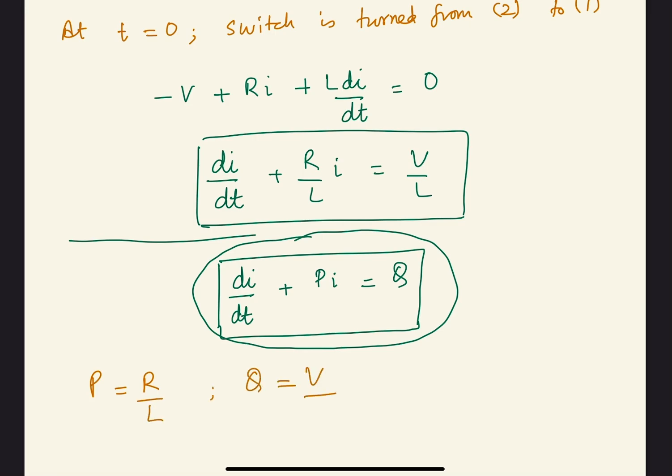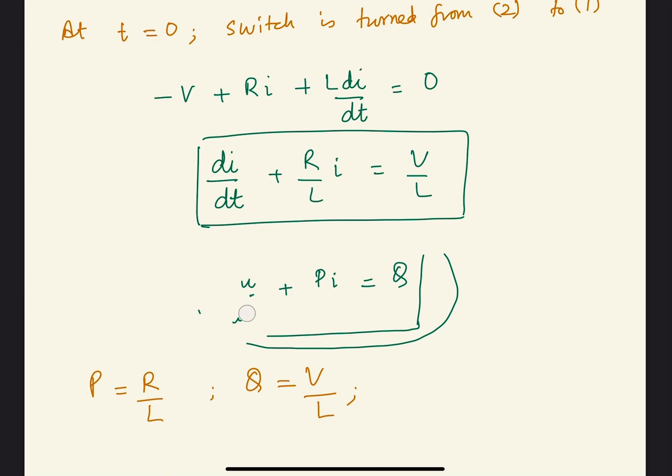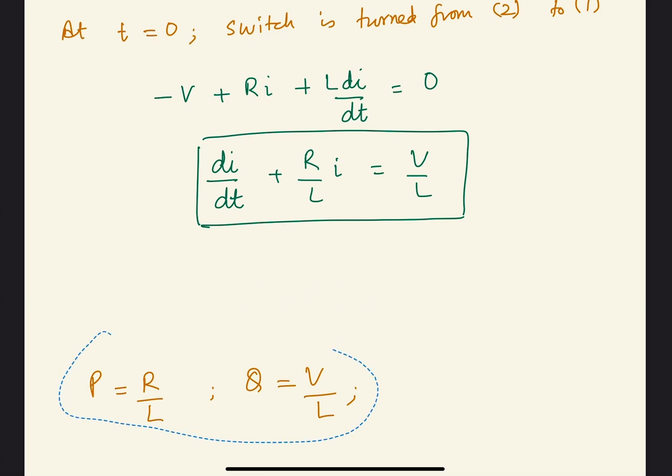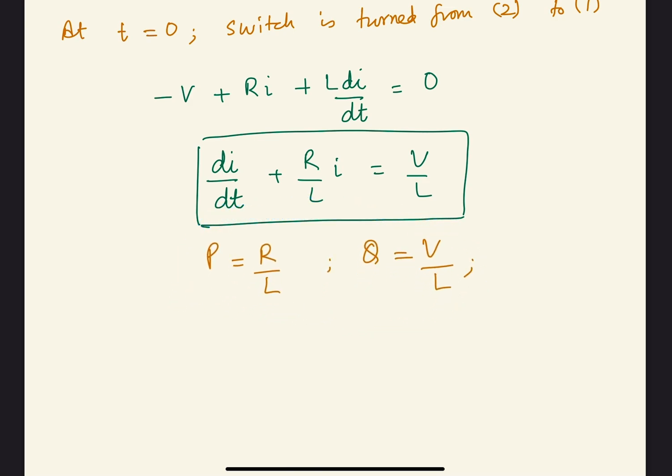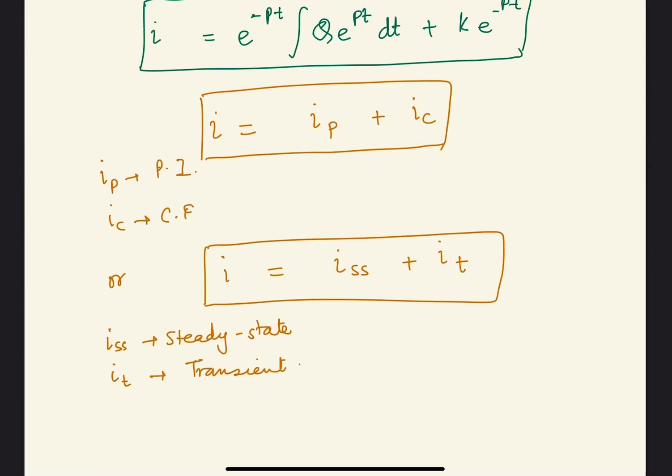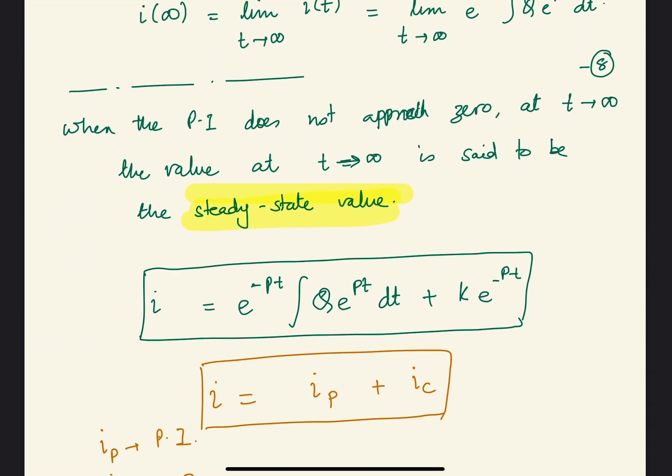Q is your V by L. Okay, and the other things are the same. So I want to remove this here, and I also want to shift this up. Now if I talk about the solution for this equation, I will again go back to my original solution, which is this.